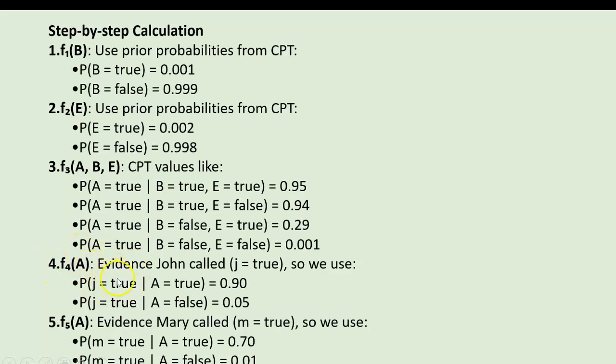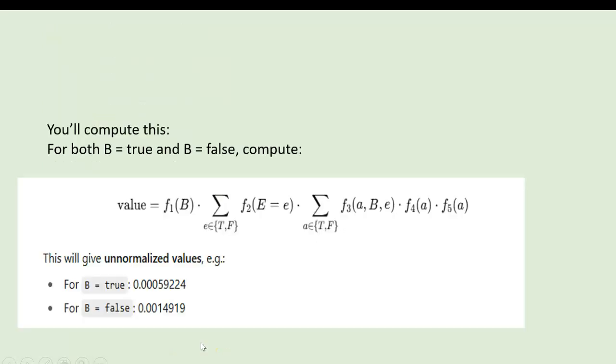John calls, and in the question itself it is given that John is calling, so we take the true value alone. For A, initially alarm A equal to true we have considered, and then A equal to false we have calculated, and this is the probability. Similarly F5 of A we have calculated, with M equal to true because Mary calls is true, and alarm true and false we have calculated.